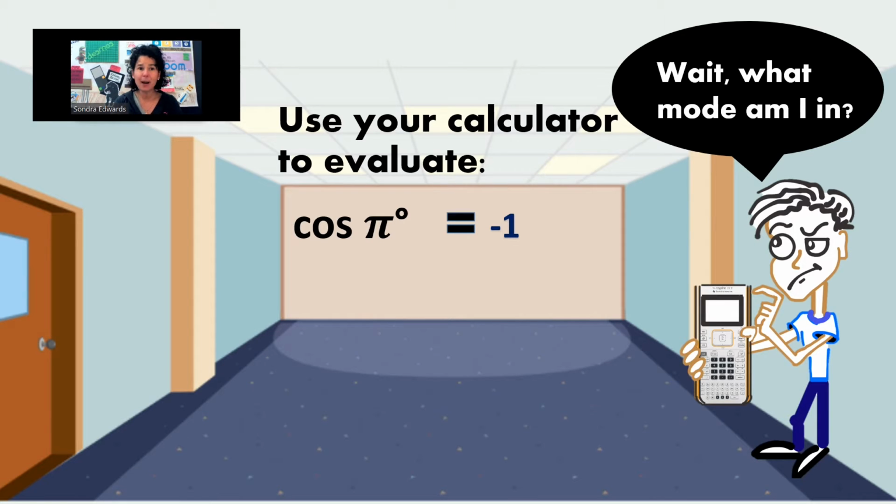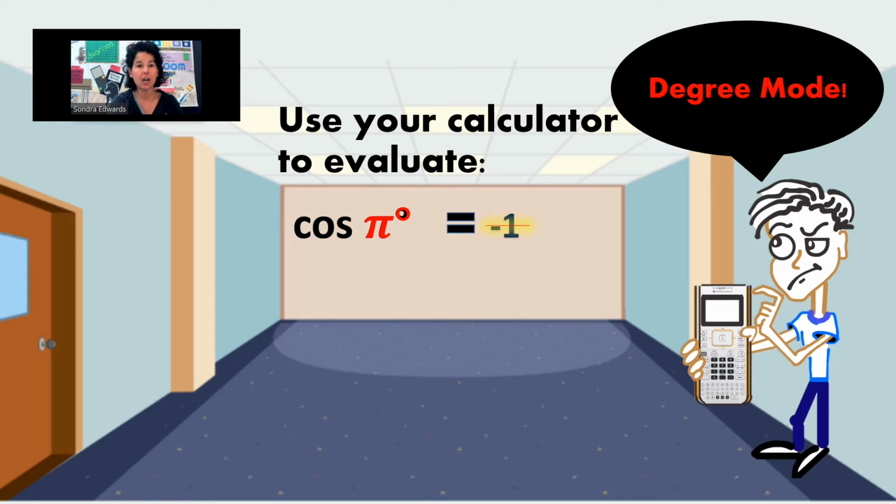The cosine of pi degrees is in degree mode. And if your calculator was in degrees, then you would have gotten instead approximately 0.998497. This is one that often trips students up because they see pi and they immediately associate pi with radians.